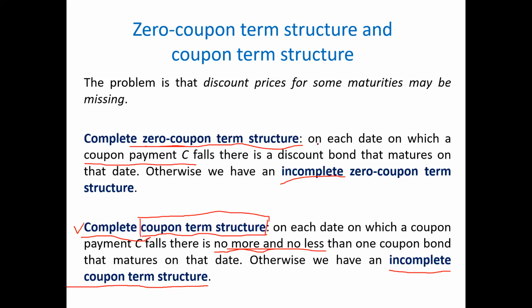Yes, so it's just like you said, we can observe some gaps somewhere at the long end of the term structure. But this is about the zero coupon term structure. Now my question is about the coupon term structure. So what do you think? Can we say that the UK has a complete coupon term structure?